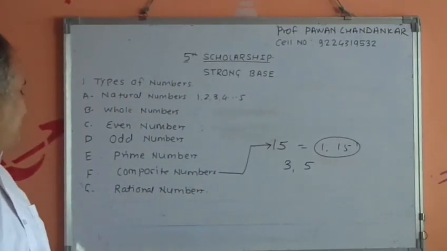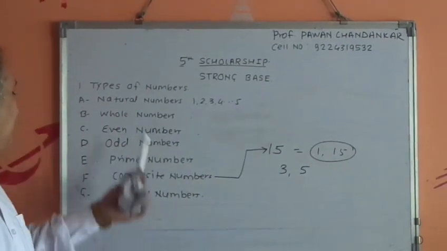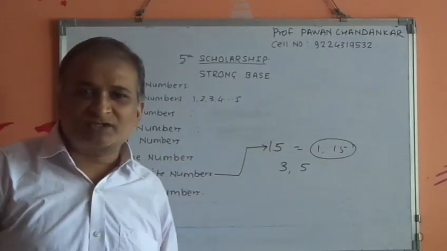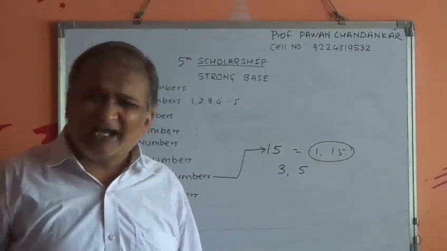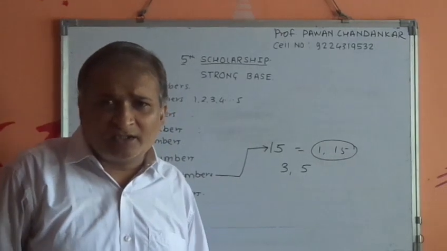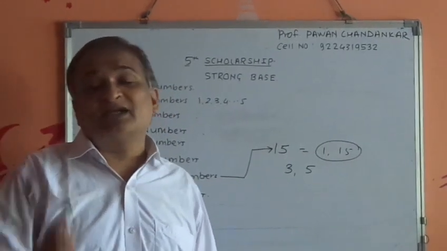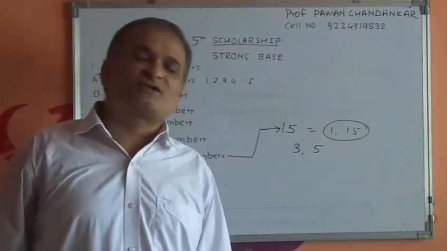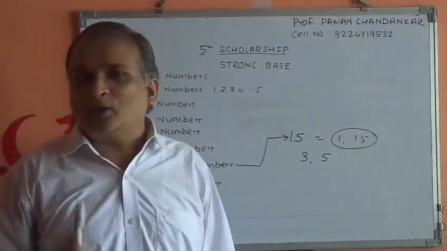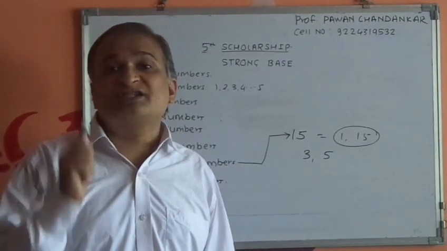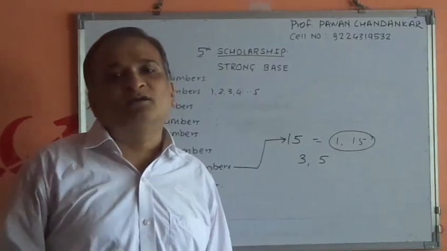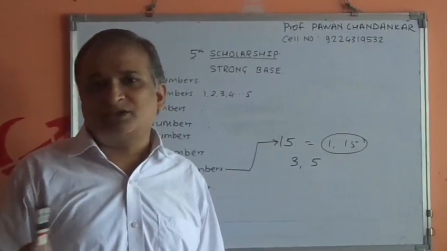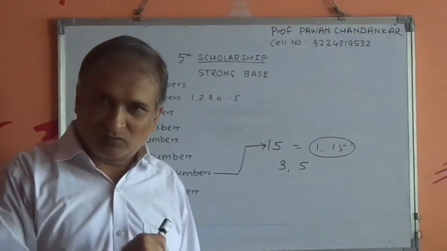The last type of number is rational numbers. Have you ever heard this word rational number, students? Tell me. What does rational number mean? Rational numbers are those numbers which we can arrange in numerator and denominator form, that is, p upon q form, wherein the value of the denominator should not be equal to 0.